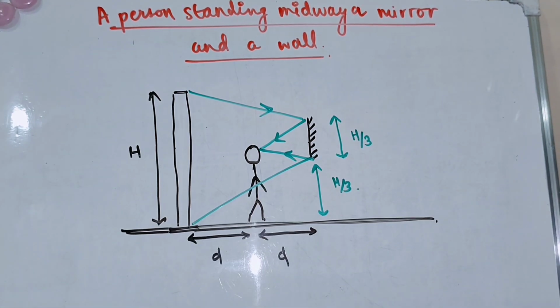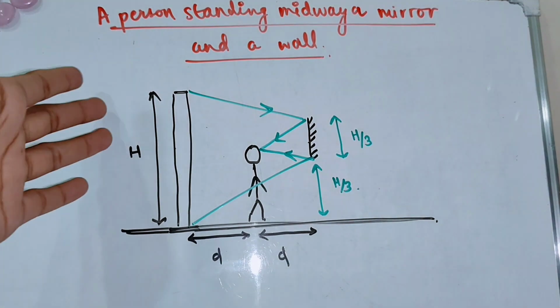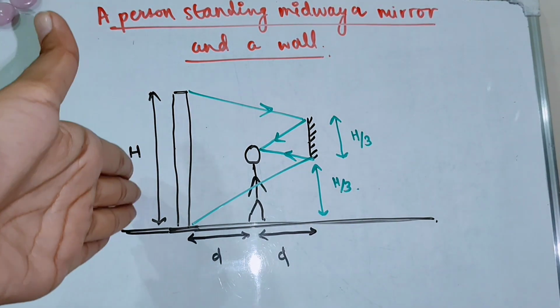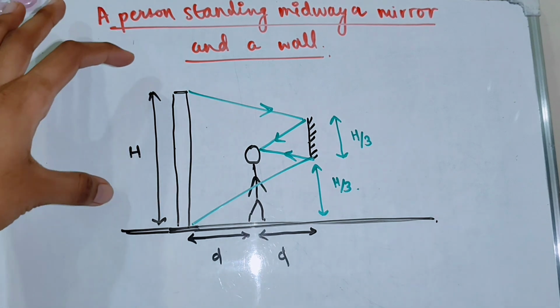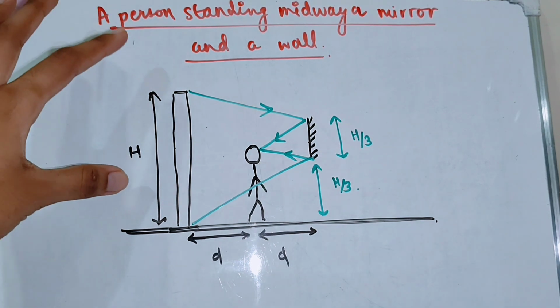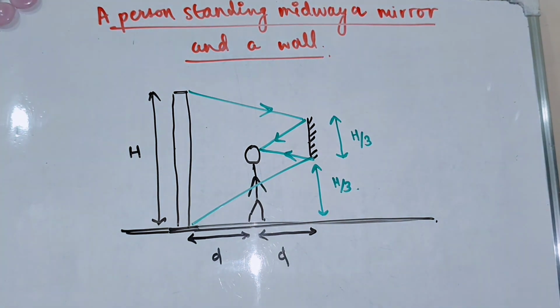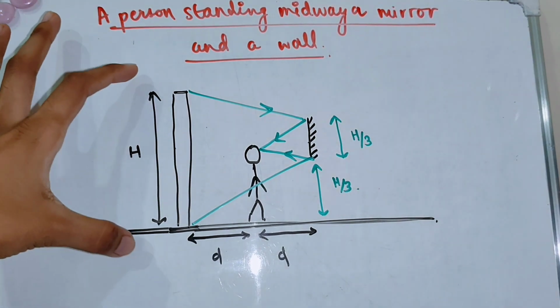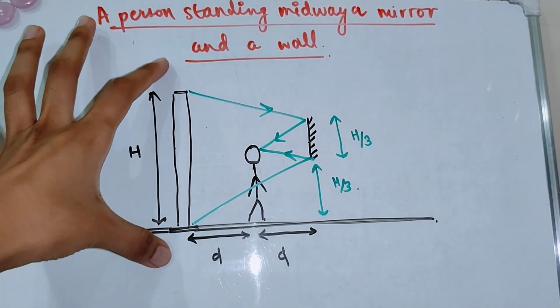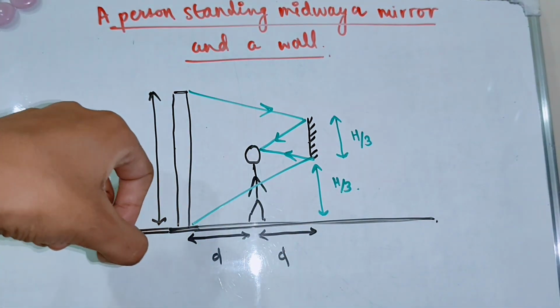Now let us understand another interesting topic, that let's say that there is a wall here. There is a wall and it is of height h. Now you want to see the image of the full wall in a mirror.